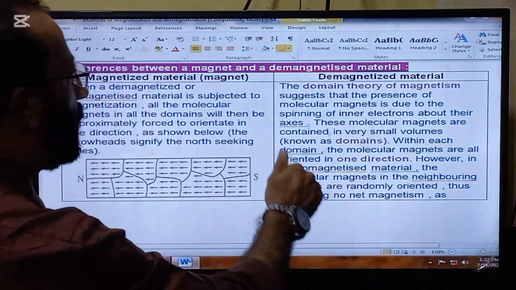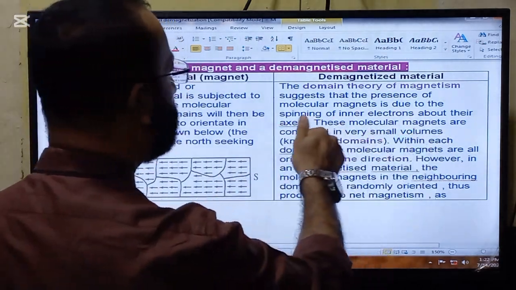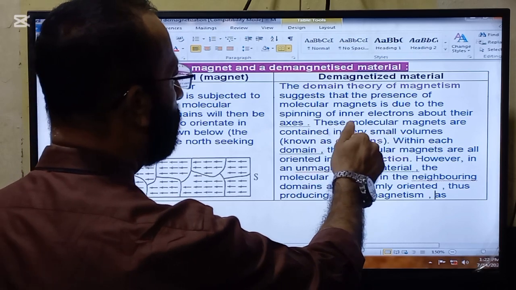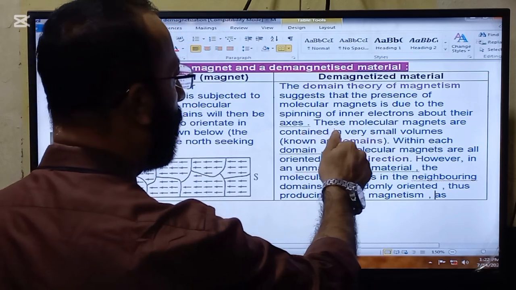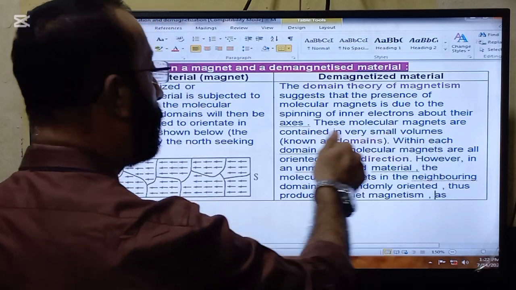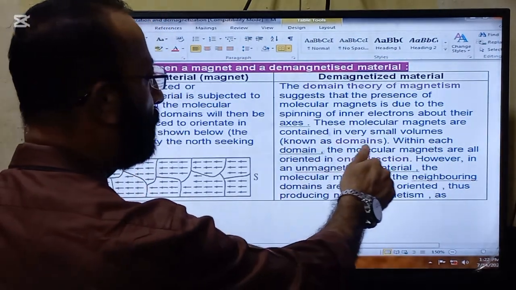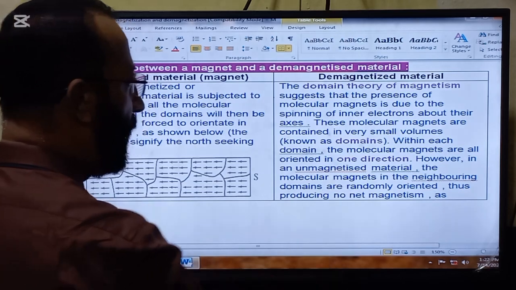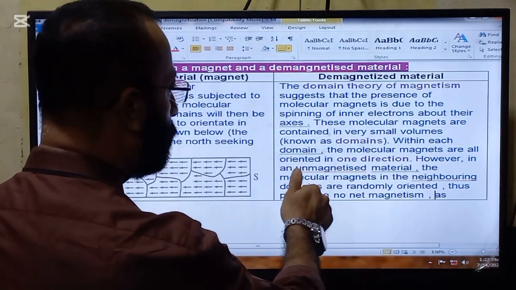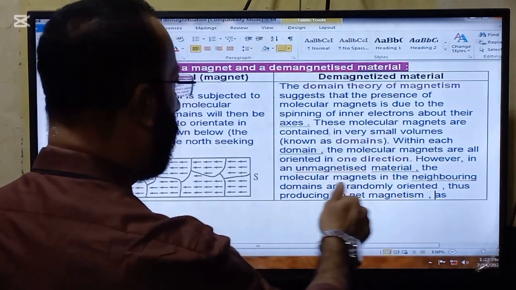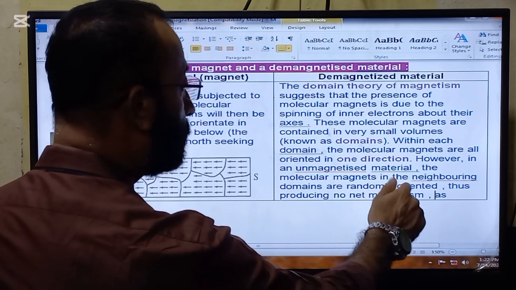The second thing is the domain theory of magnetism, which suggests that the presence of the molecular magnets is due to the spinning of inner electrons about their axis. These molecular magnets are contained in very small volumes known as domains. Within each domain, the molecular magnets are all oriented in one direction.